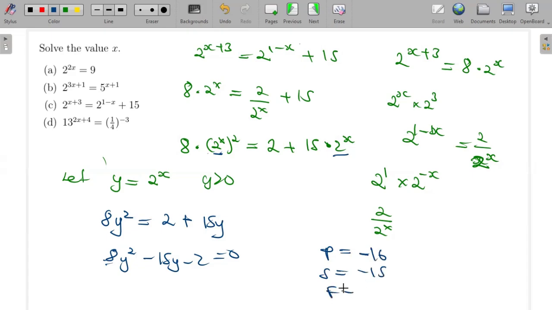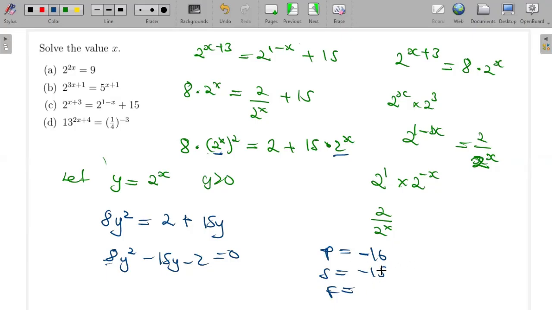So what are my factors? When I add, I should get negative 15, and when I multiply, I should get negative 16.